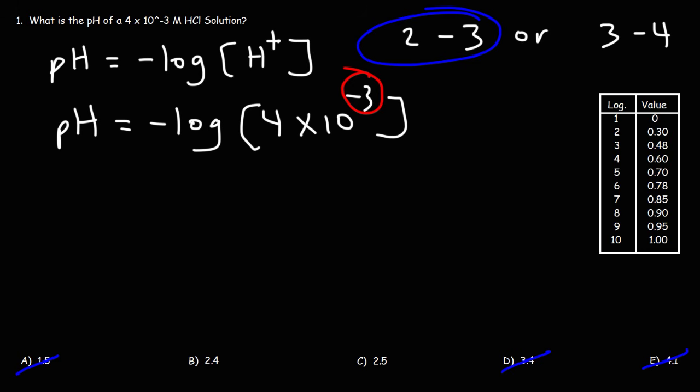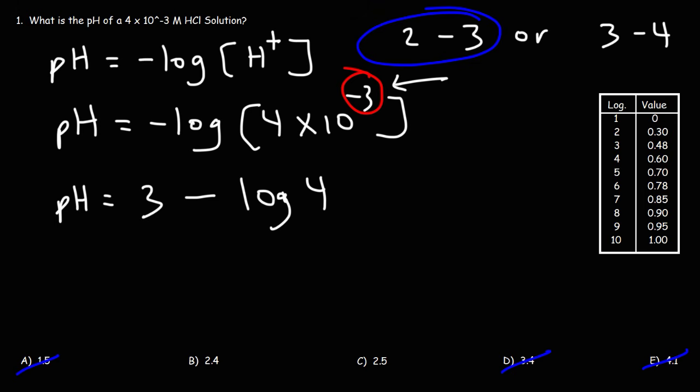Now, what else can we do? It turns out that negative log of this number is going to equal the positive value of that exponent, 3, minus the log of whatever number you see there, in this case log 4.